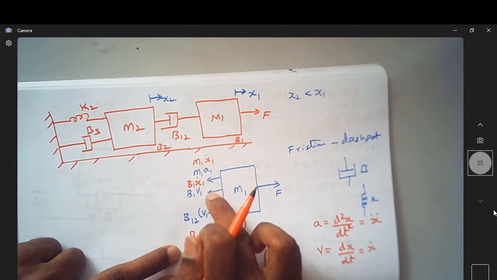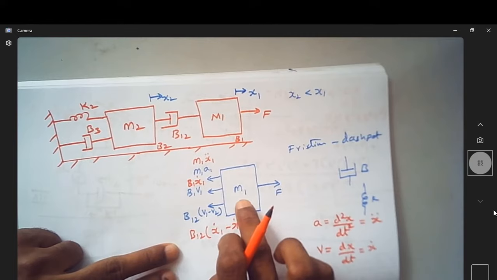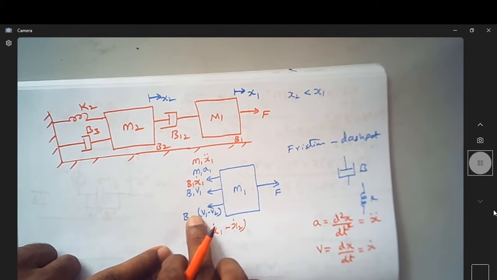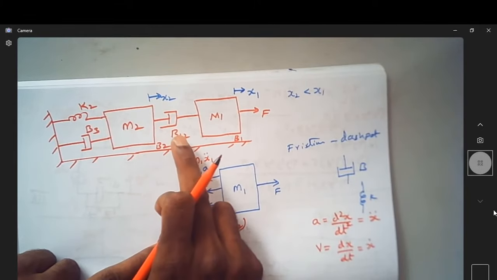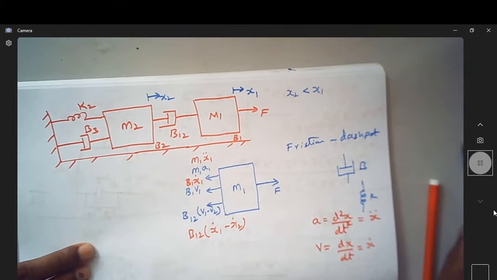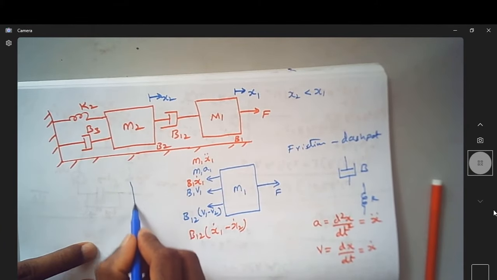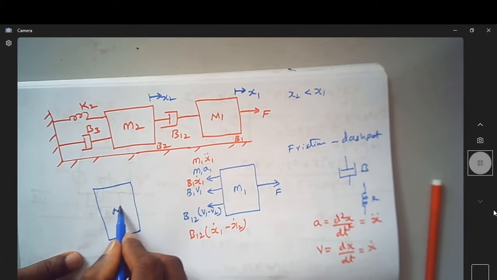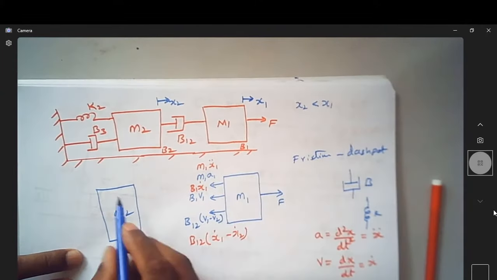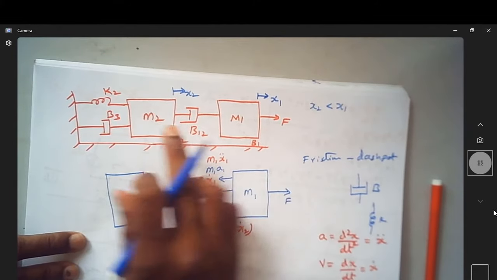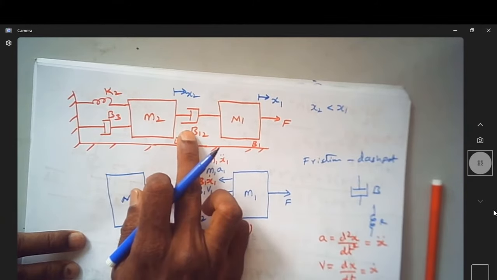So these are the three opposing forces for this mass m1, out of which the opposing force due to b12 will act as the acting force on m2. So let us now write the m2 mass. The applied force F is passed on to m2 through b12.